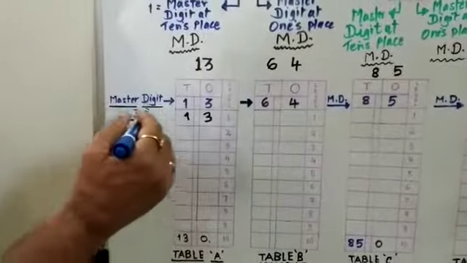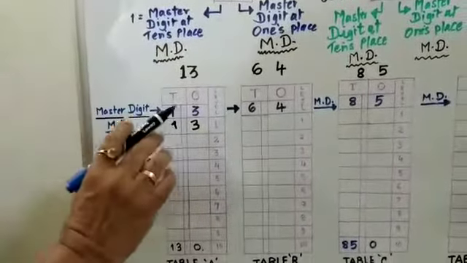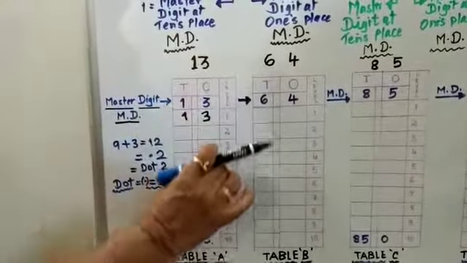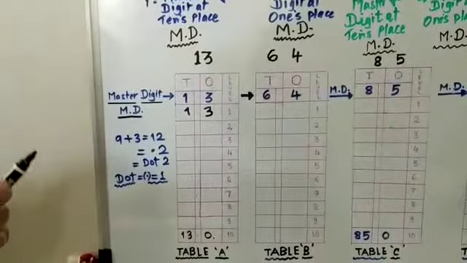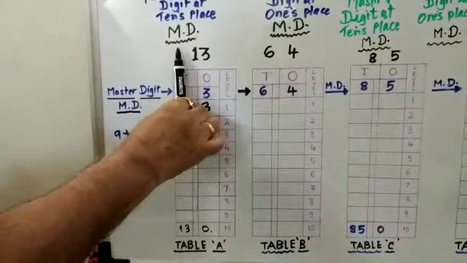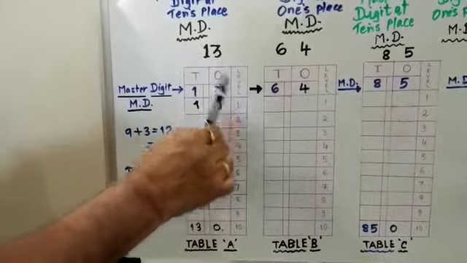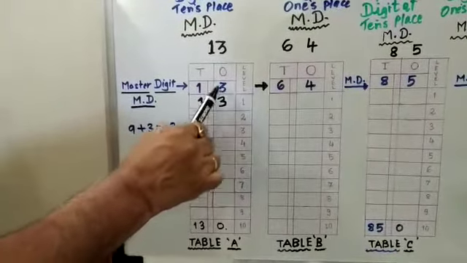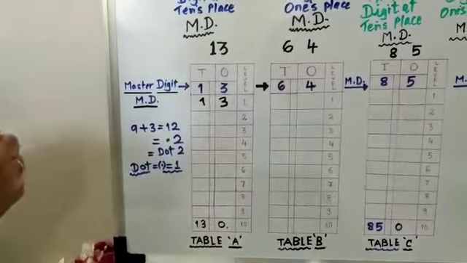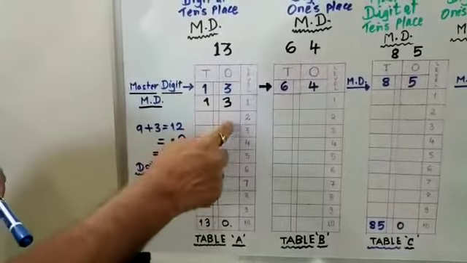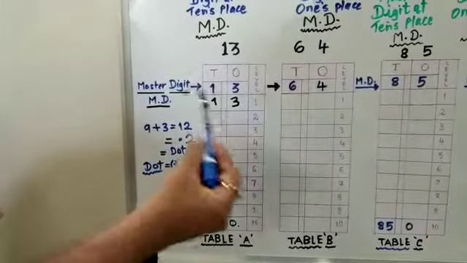Good. So how to do that? First of all, let us concentrate only on the ones place and close down the tens place. Which number do you see? At level 1, 3, and the master digit is 3. Very good. Now our job is to find these numbers. So how to get that?